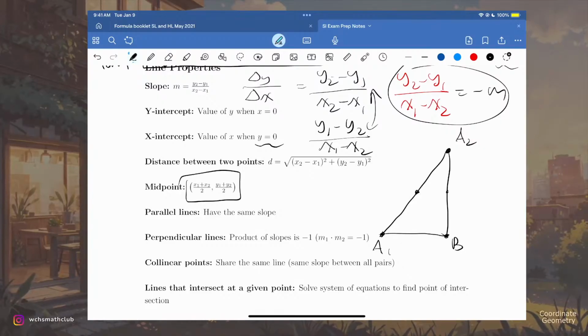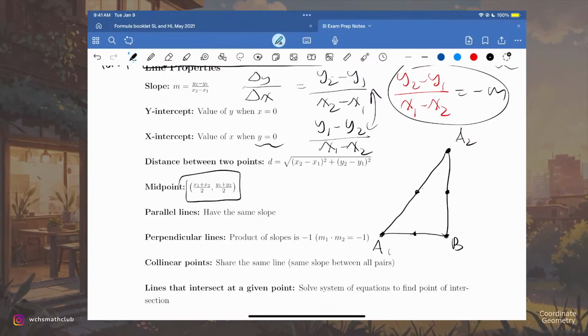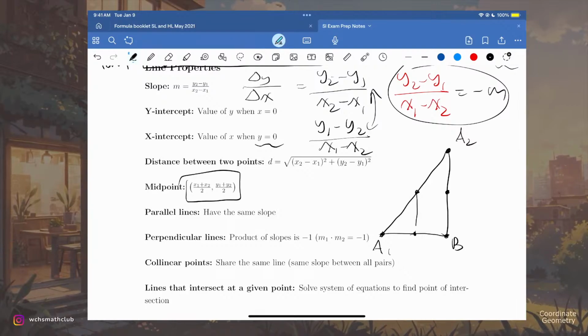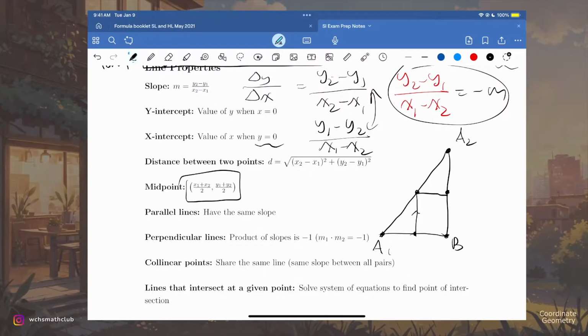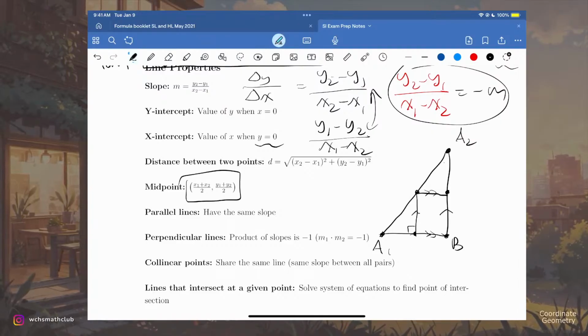We'll draw the midpoint of A2B. We'll draw the midpoint of A1B. And after we draw these, we notice we have a lot of pairs of similar triangles, because these are parallel and these are parallel, trivially, because there's a lot of right angles here, right?